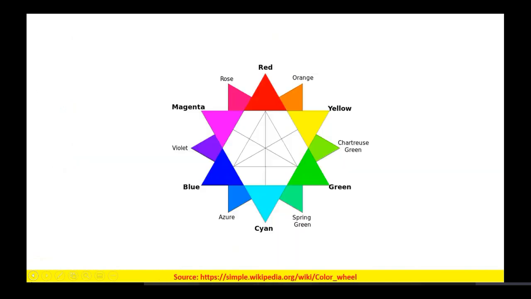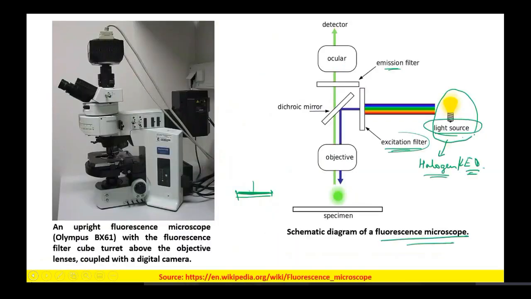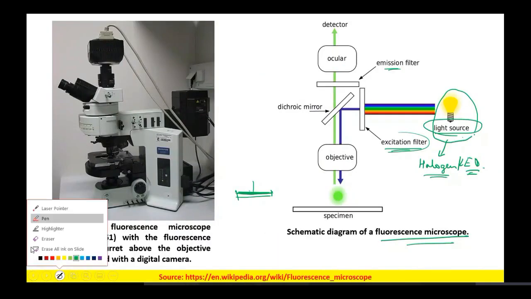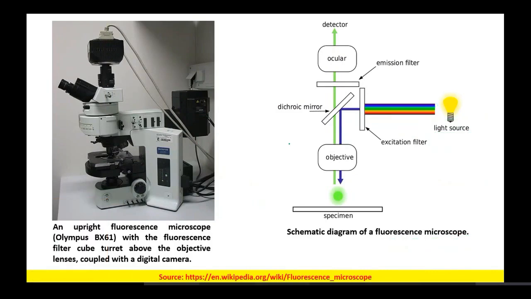Okay, now coming to the fluorescence microscopy, I told you that we can design this fluorescence microscope in the bright field or in the upright microscopy also. So what would be your block diagram for that?